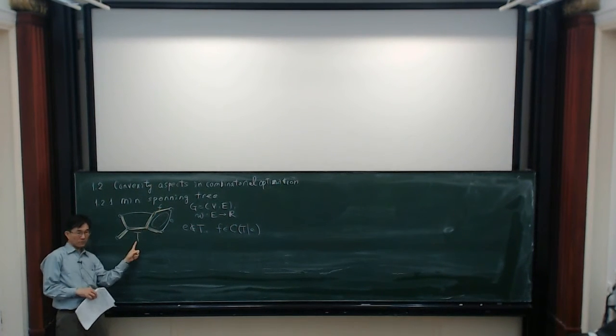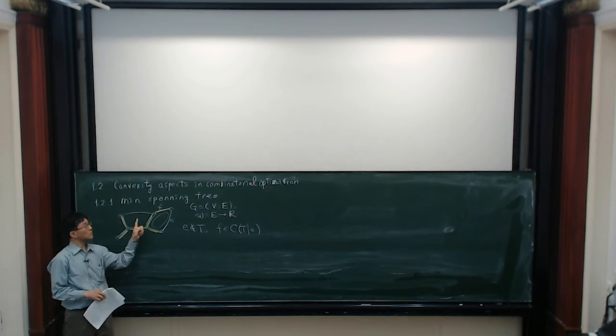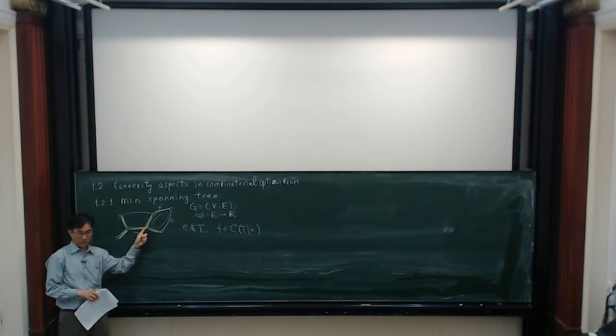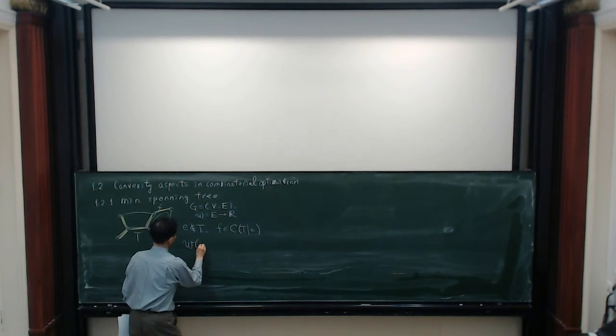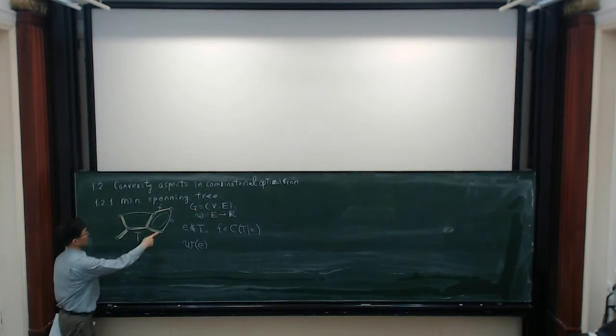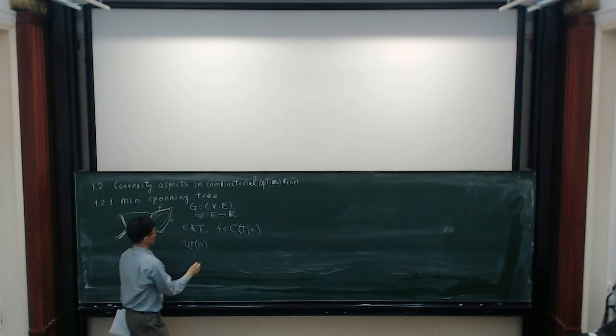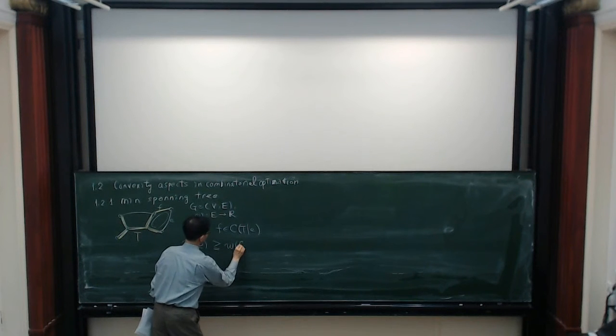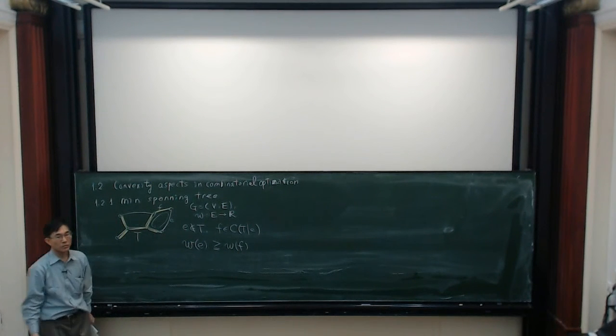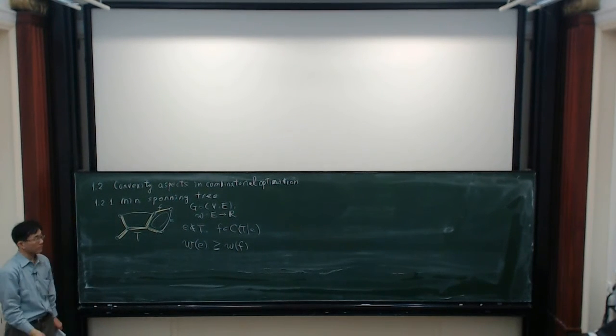But if that is not optimal, then the weight should not decrease. So what we have is this: weight of E here outside is greater than or equal to weight of F. So this is a well-known condition for minimum spanning tree.